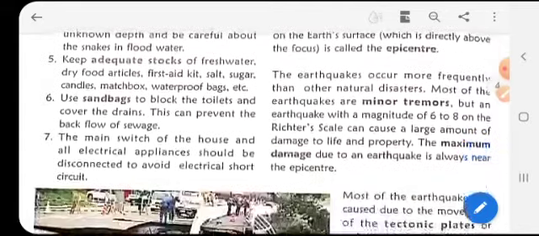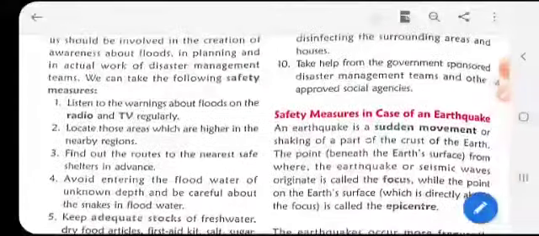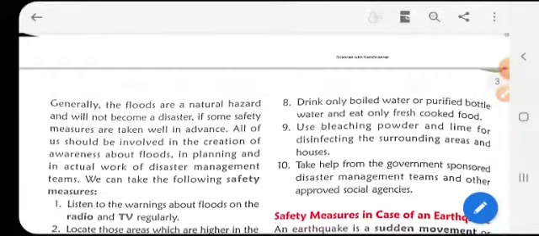Then the main switch of the house and all electric appliances should be disconnected to avoid electrical short circuits. So these are the precautions that we can take, and apart from that, we should start drinking boiled water, and purified bottled water can be used for cooking also. Then bleaching powder and lime for disinfecting the surrounding areas and houses should be used.